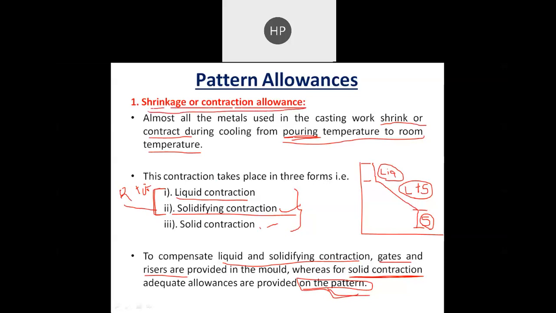Generally the liquid and solidifying contraction is compensated by risers and gates, while the solid contraction is compensated by the pattern. That's why we have to give certain allowances to the pattern. That allowance is known as the shrinkage or contraction allowance.